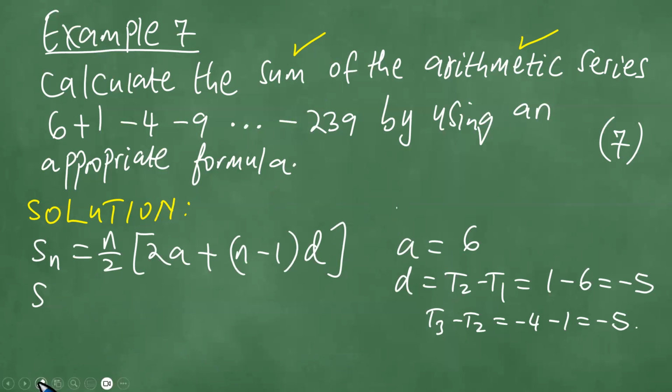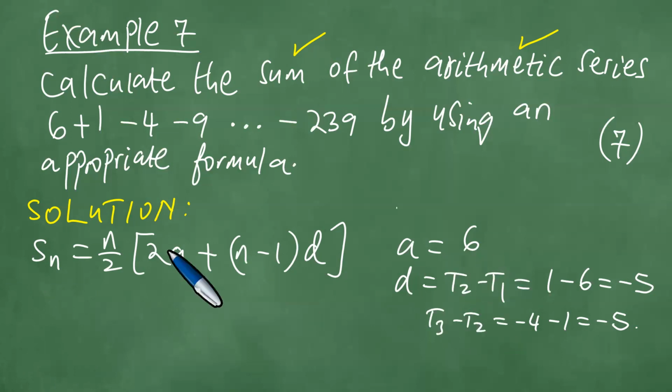Okay, right. So now we have Sn. We want the sum of this arithmetic series. But there are a couple of things we do not know here. Let's be systematic in the way we do it. The first term we already know is A equals 6.